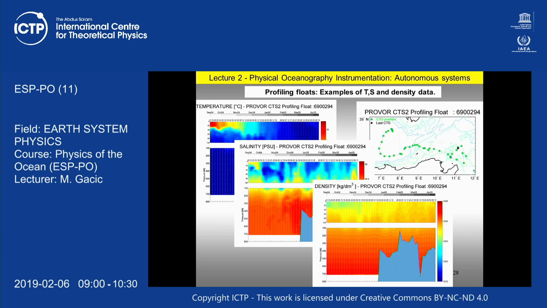They are essentially doing the same thing, and you can do this kind of diagram where you follow the float and construct the time-depth diagram, where each time corresponds to a certain position, and so you can see the evolution of the vertical profile of density, for example, as a function of time and also as a function of position. Here, you can see that the depth is relatively low.